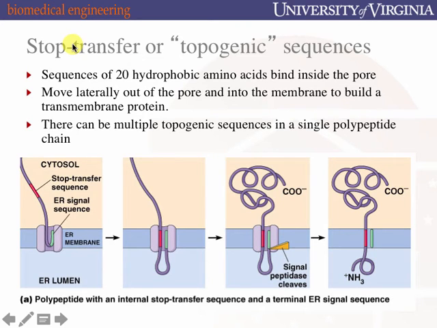We were talking about the characteristics of the signal sequence's amino acids. Topogenic sequences are straightforward: 20 hydrophobic amino acids, just like the hydropathy plots that you did in Q1, so everything comes back. That's the criterion for a topogenic sequence.